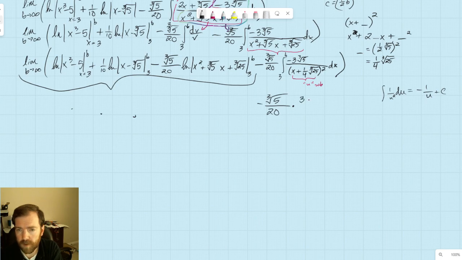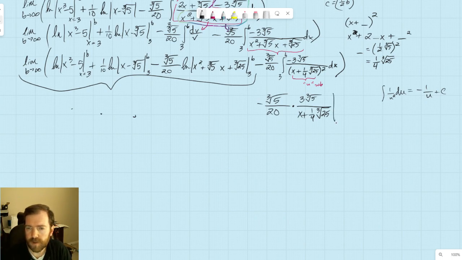So this is now going to be a positive 3 cube root of 5 divided by x plus 1/4 cube root of 25. These will combine. Let's keep the constants just out front, make it easier. And then that's going to be from 3 to b.